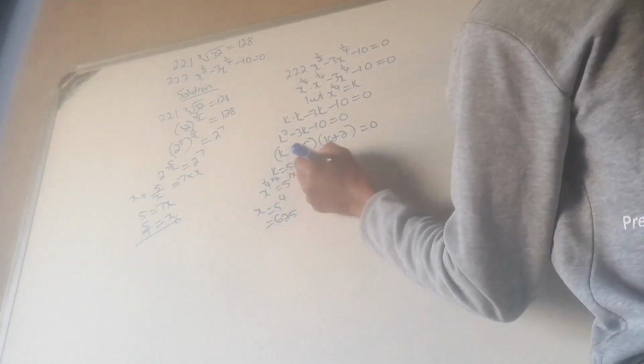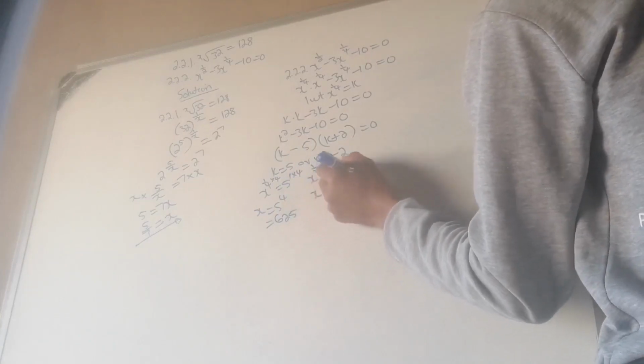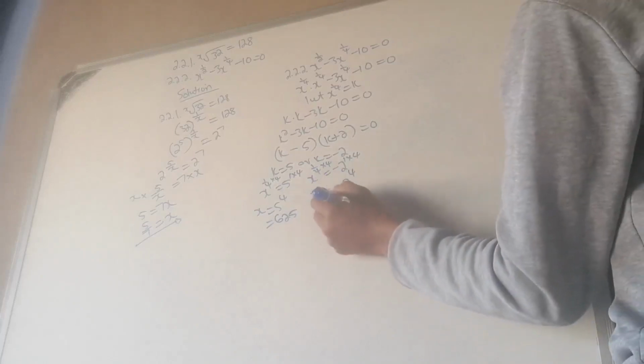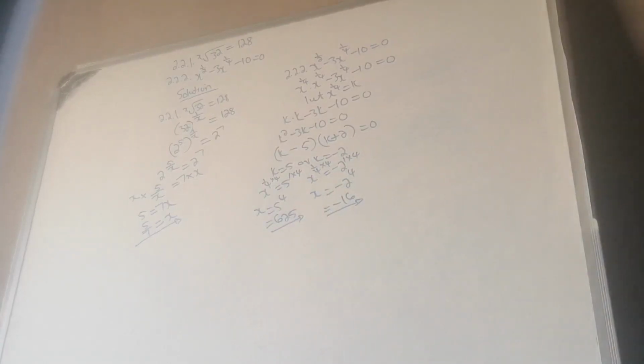I multiply by 4, my x is negative 2 to the power 4, which is 16, minus 16. Those are your values of x.